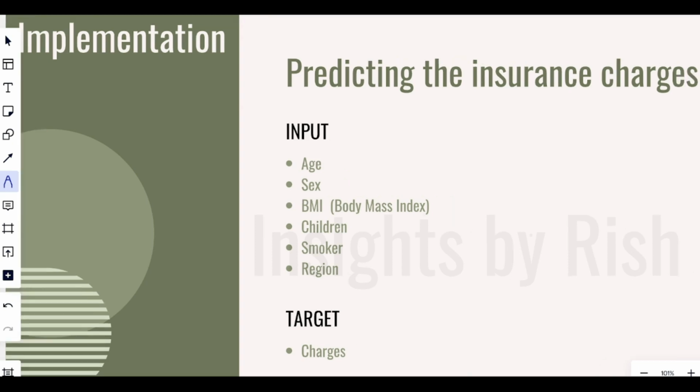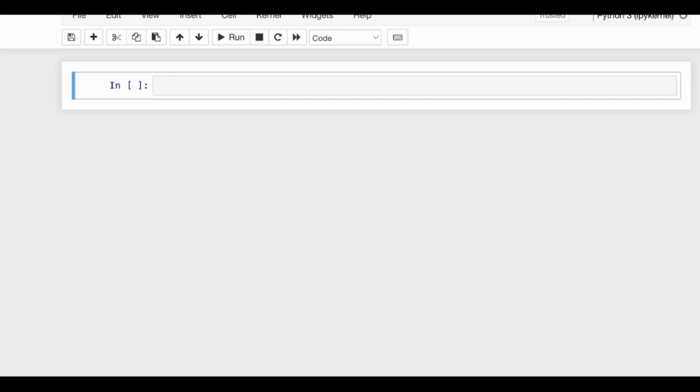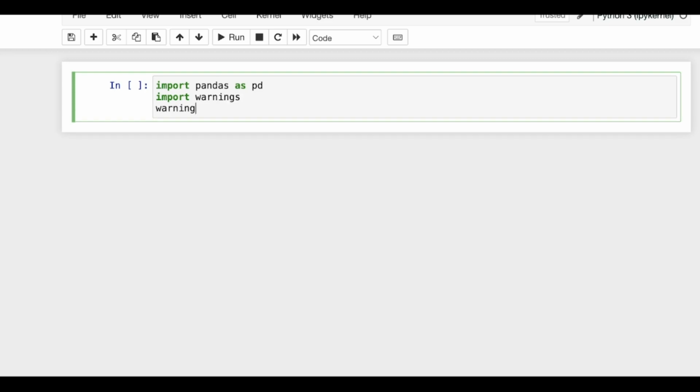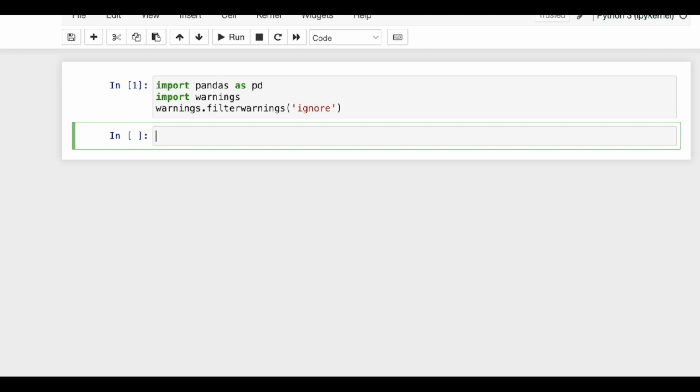So let's start with coding. We will import the pandas library and we'll import warnings to ignore the warnings that Jupyter Lab gives us. Now let us load the dataset. Insurance DF is a data frame in which we'll load the dataset.